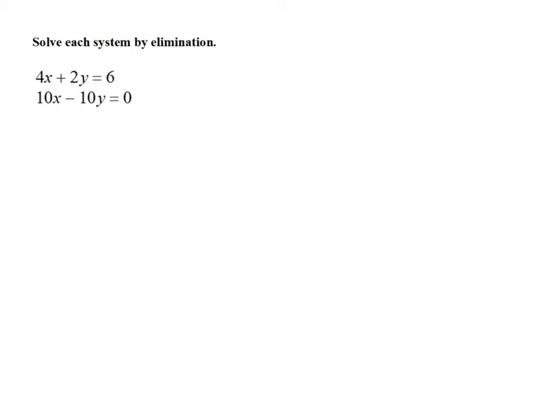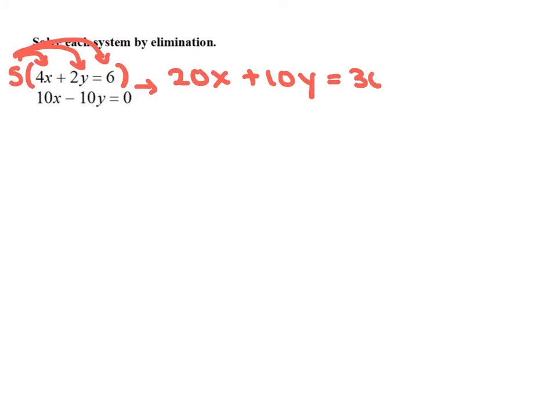Our next example gives us the system 4x plus 2y equals 6 and 10x minus 10y equals 0. If I want to make the y terms cancel out, I can multiply the first equation by 5. So if I multiply every term by 5, I'll get 20x plus 10y equals 30.